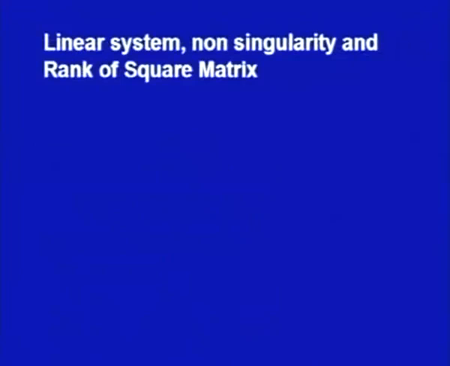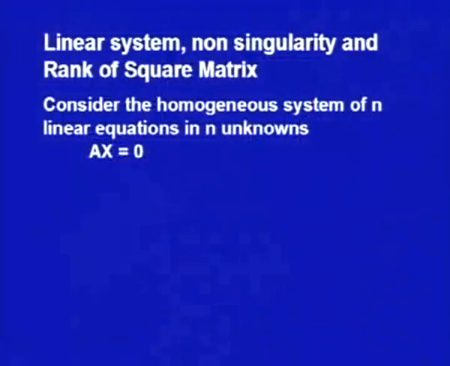Now we'll try to relate linear systems, non-singularity and rank of a square matrix. If we consider a homogeneous system of n linear equations in n unknowns, then we can write this system in the form Ax is equal to 0, where A is an n by n matrix and x is a column vector in Rn, and this 0 is the zero vector in Rn.